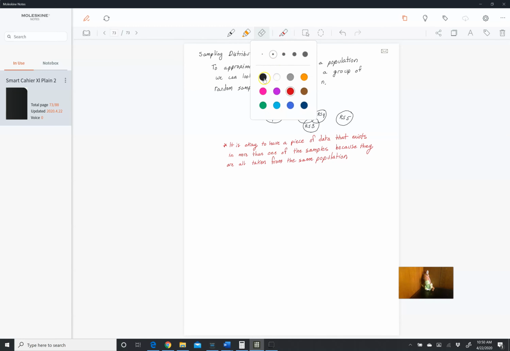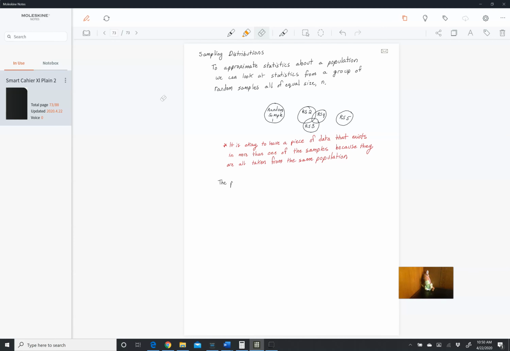Okay, so let's write this down. The sampling distribution, well, okay, so I'll put this down, but I think that it's going to make more sense in a few minutes. So I'm going to write it, and then we'll explain it as we go. Okay, so the first thing is that when we talk about the sampling distribution, we're talking about a probability distribution still.